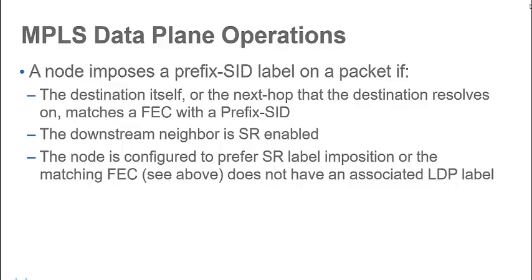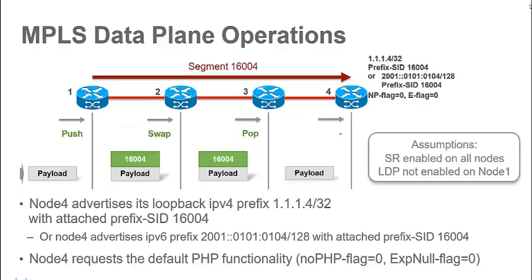So this shows the compatibility between the MPLS LDP label and the SR SID. See the last line: the node is configured to prefer SR label imposition only when it does not have an associated LDP label. Okay.